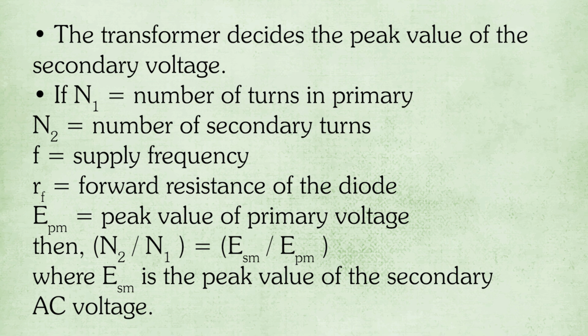So, if N1 is the number of turns in primary and N2 is the number of secondary turns, f is the supply frequency and RF is the forward resistance of the diode, and let us denote EPM as the peak value of primary voltage, then N2 by N1 will be equal to ESM upon EPM, that is the voltage at the secondary divided by the voltage at the primary, where ESM is the peak value of the secondary AC voltage.